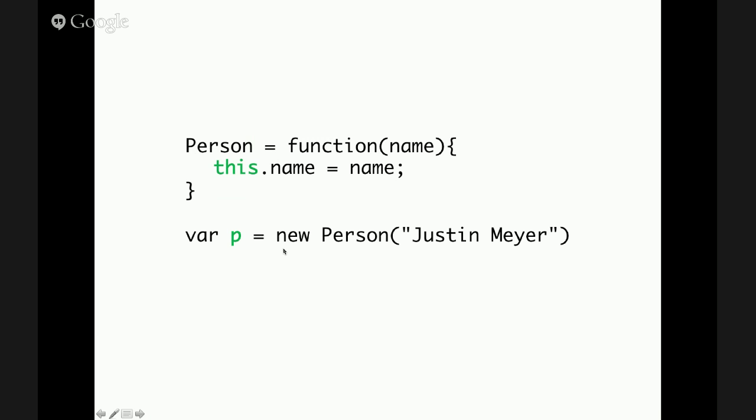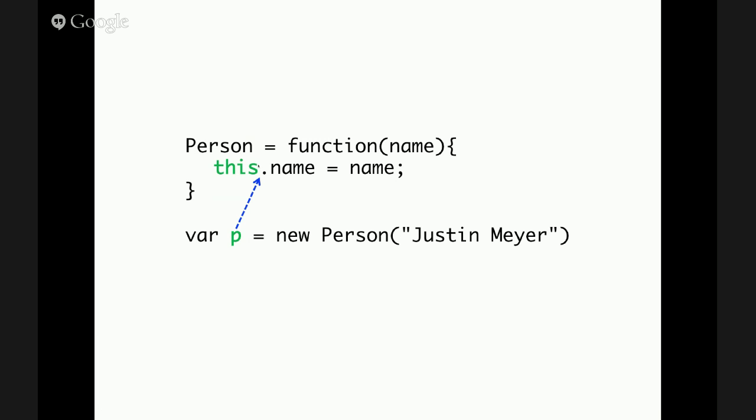But anyways, when you use the new operator to call a function, this is going to be a new object that essentially inherits values from person's prototype. So P, what this new person returns, which is P, is what's going to be also this inside this person function.